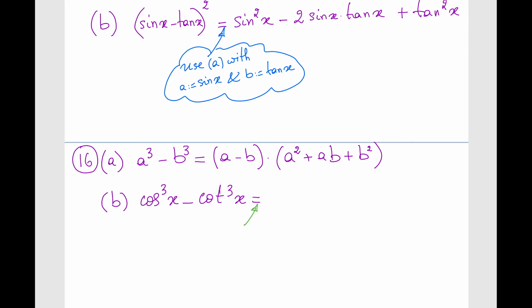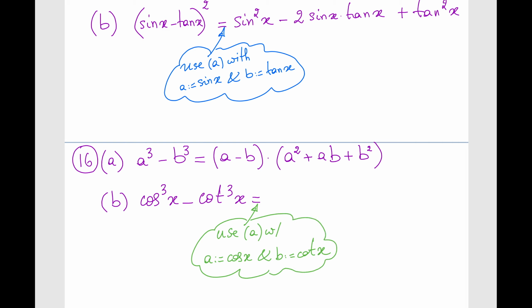So what we're gonna do is factor, right? We've already done the work above, so we're gonna use part A with the following assignments. A is cosine of x and B is cotangent of x, right?